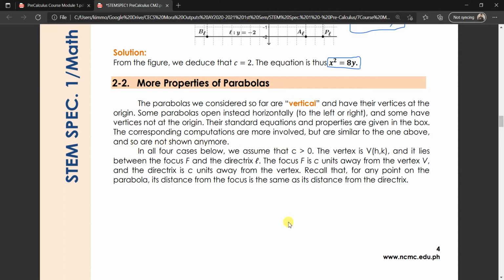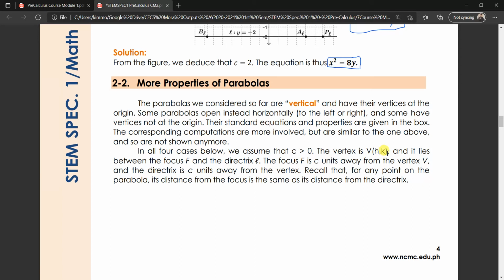So in all four cases below, we assume that the c, or our constant, which is the distance from our vertex going to our focus, or from vertex going to our directrix, should be greater than 0. The vertex there, or V, is at (h, k). Remember, in our circle discussion, the coordinates of the center of the circle are h and k.